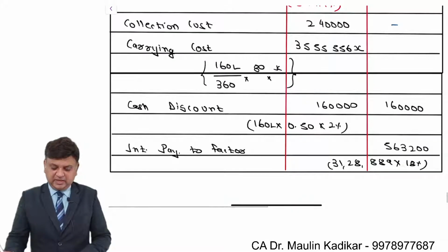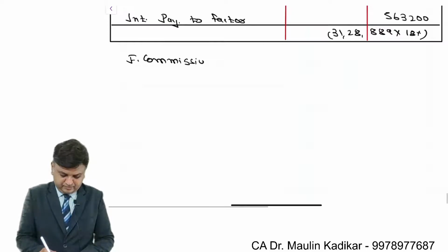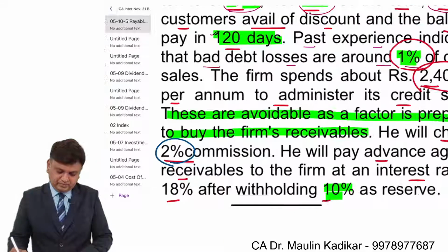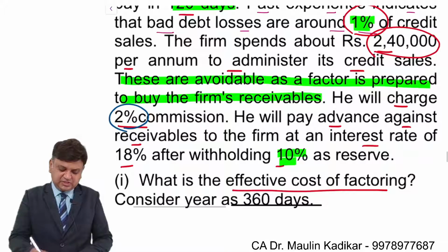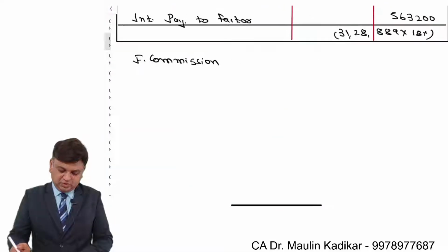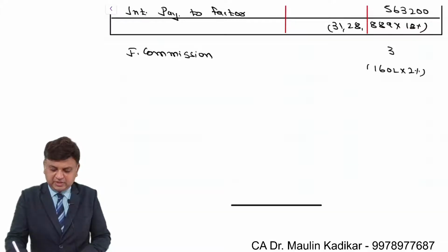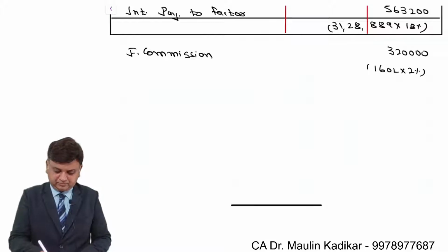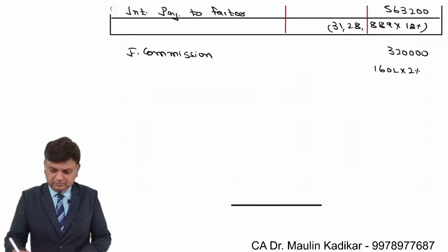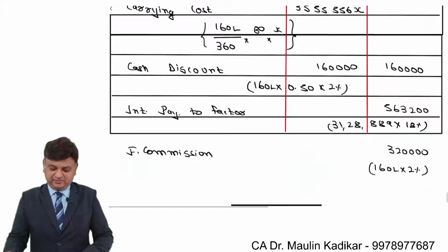Okay. Now we will be having the payment of the factoring commission. We can see that the commission is at the rate of 2%. So 160 lakhs into 2%, that comes to 3,20,000. This is the way we will have the payment of the factoring commission.